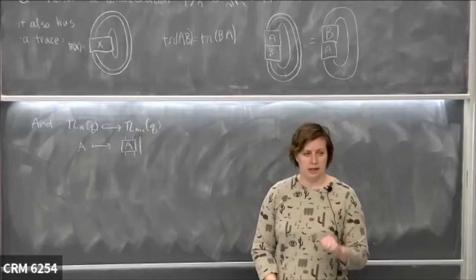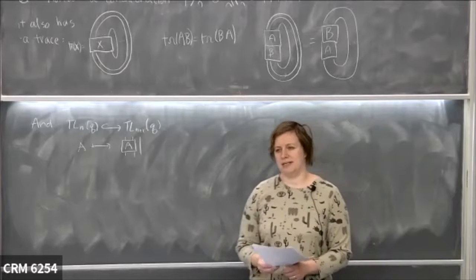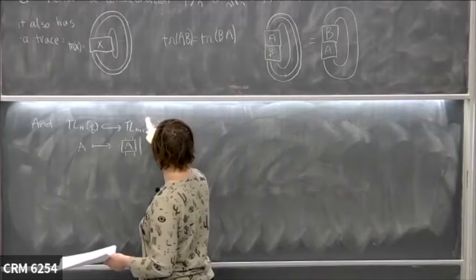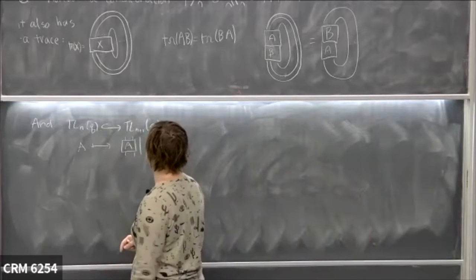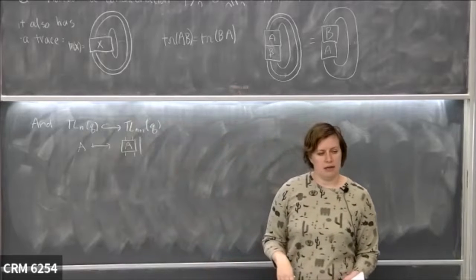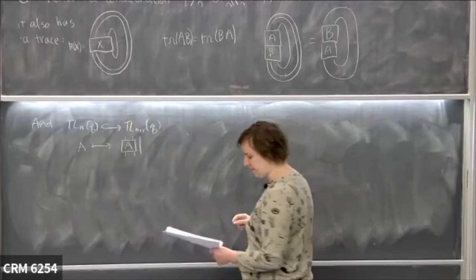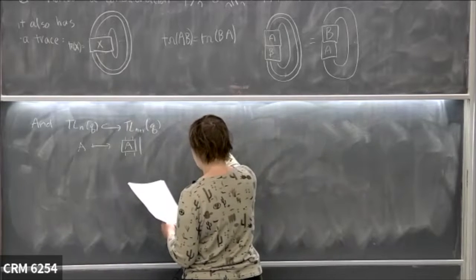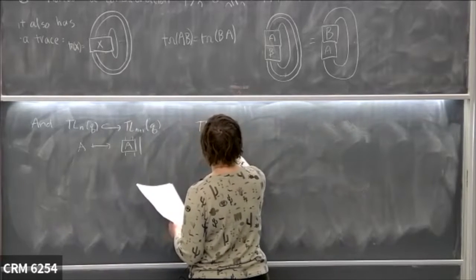Once you've fixed your value of Q, as long as you're dealing with Q either as a variable or you have the same value of Q between these, then you get this family of maps. And these are almost invertible. Okay, meaning that we have maps in the other direction.